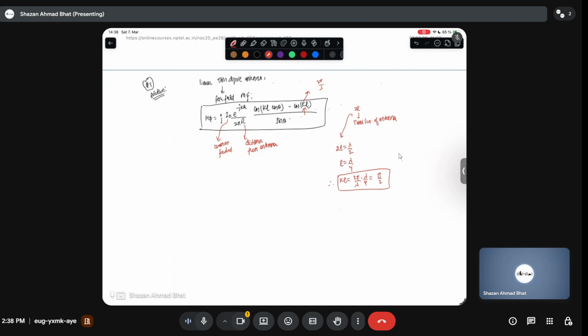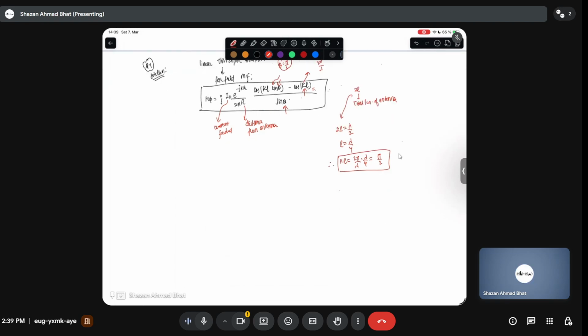Now we need to evaluate at theta equals pi by 2, since that is given. Essentially, cos theta will be 0, so this term should go. Sine theta will be 1. So we are left with only this term, and it comes out to be equivalent to 1.